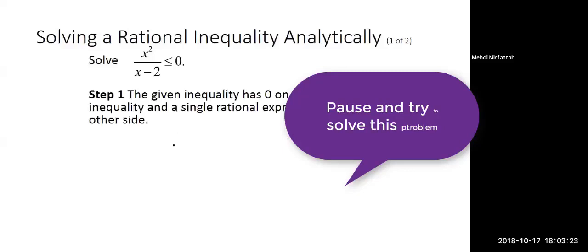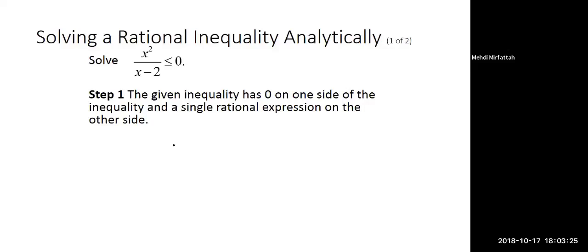So step number 1, the given inequality has 0 on one side of the inequality sign, and then we have a single rational expression on the other side. We don't have to do much with that.